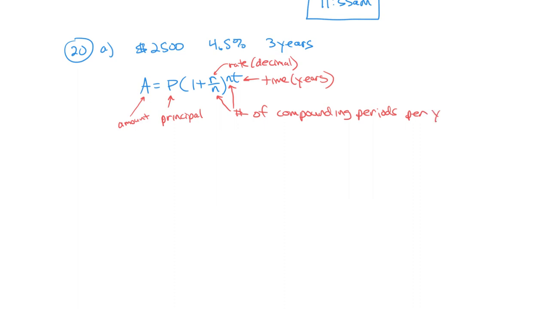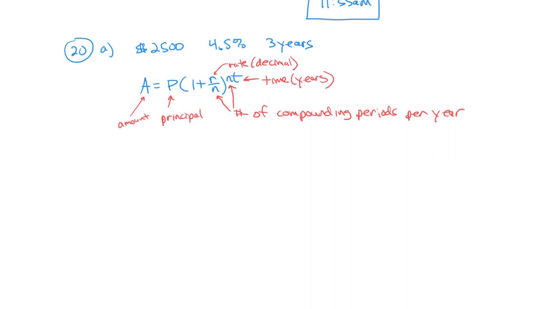For most loans, that's going to be 12. It's compounded monthly. Most loans you get, car loans, home loans, student loans, the number of compounding periods per year is 12.